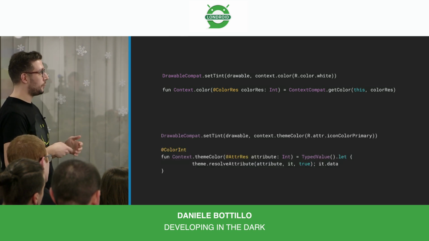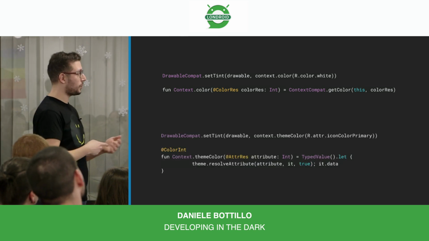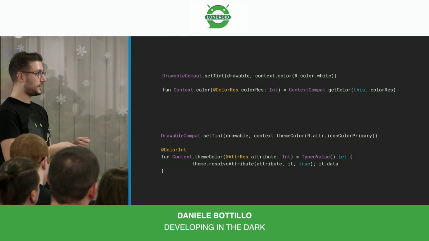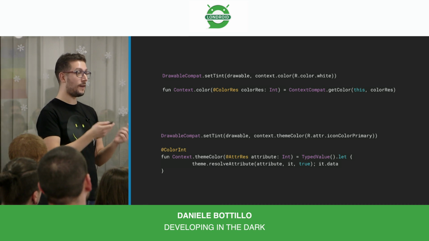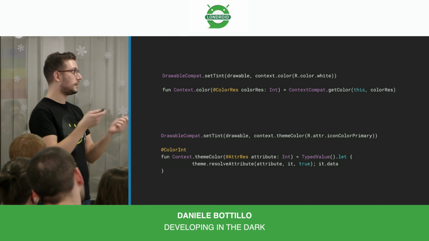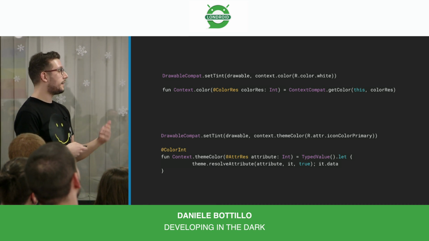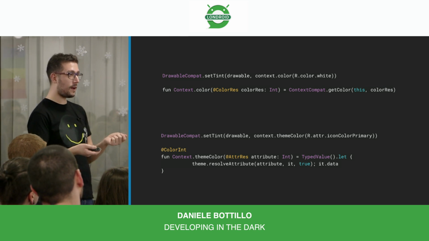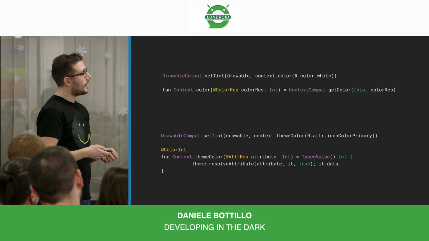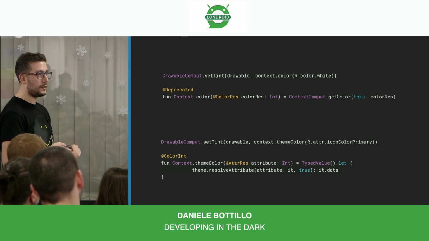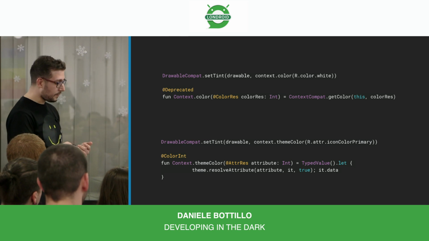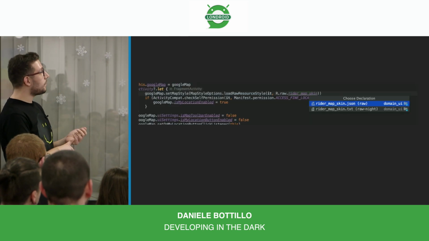So we had to write a new extension function, which we call themeColor, to be explicit about the fact that it is using the value from the theme rather than the value from the colors. And here you're just resolving the attribute at runtime. So based on the theme of the app, you will get the right color. And then, of course, we deprecated the old one, because you should never use the old one now.